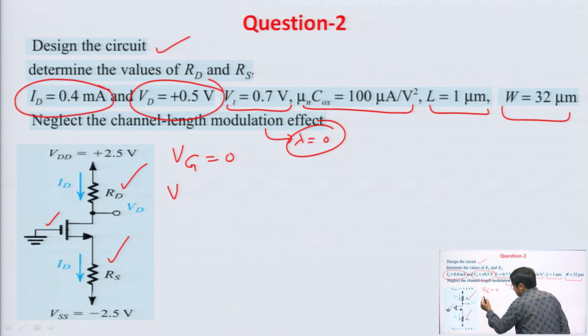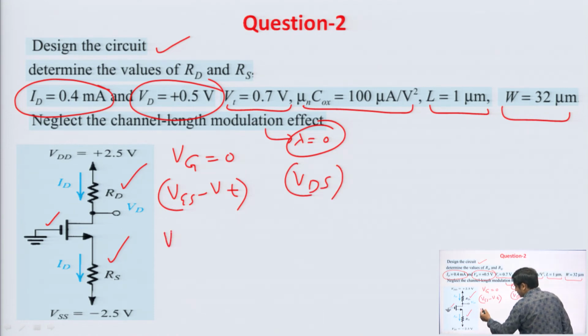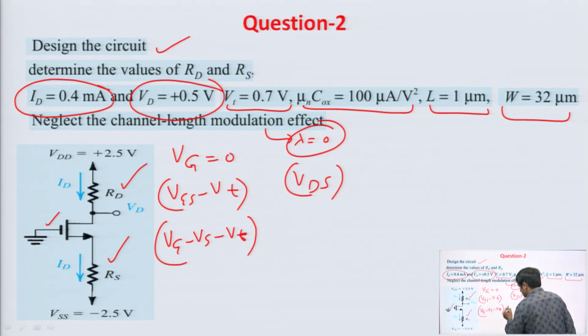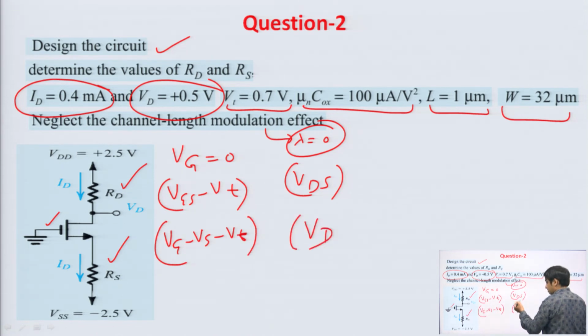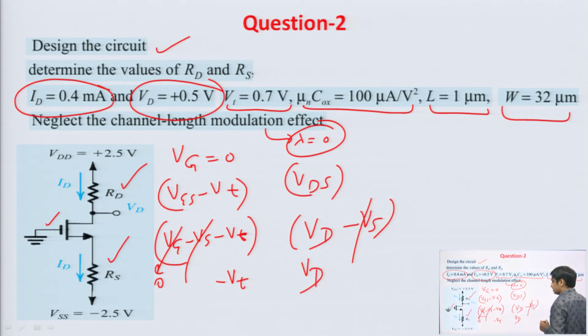Your gate voltage is 0, fine, the gate is grounded here. Now, calculate the overdrive VGS minus VT and VDS and compare it. VGS minus VT can be written as VG minus VS minus VT, and VDS is VD minus VS. So, your gate voltage is 0, your VS cancels out, then in the left hand side it is minus VT, and in the right hand side it is VD.